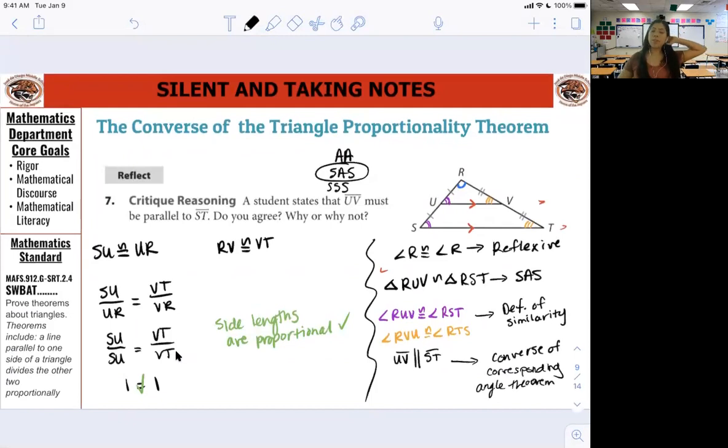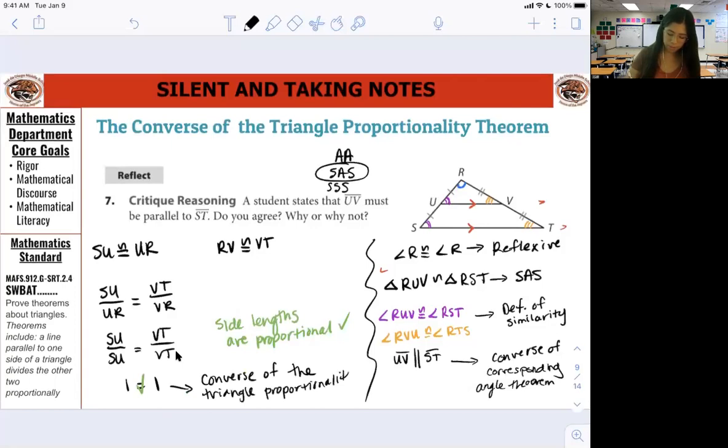So it's a different way to do it, but we are able to prove the same thing using two different methods. On the one hand, we can use the proportions and prove that they are proportional, and therefore they have to be parallel because of the converse of the triangle proportionality theorem.